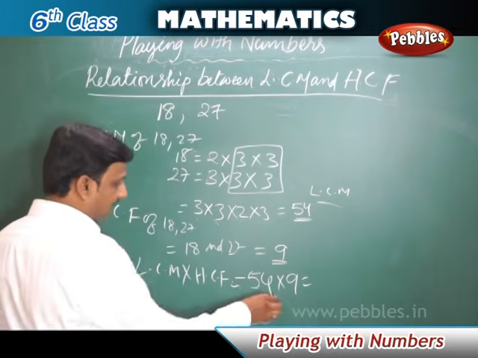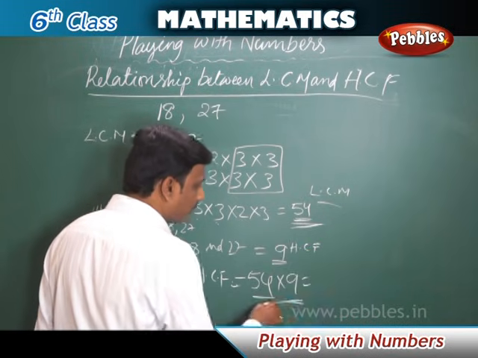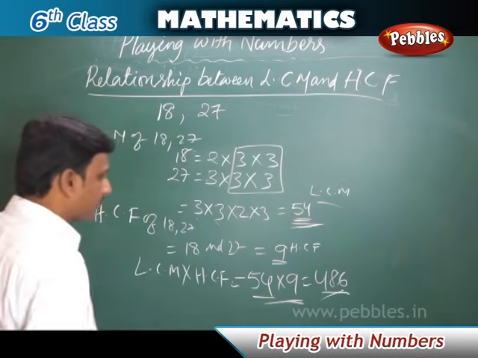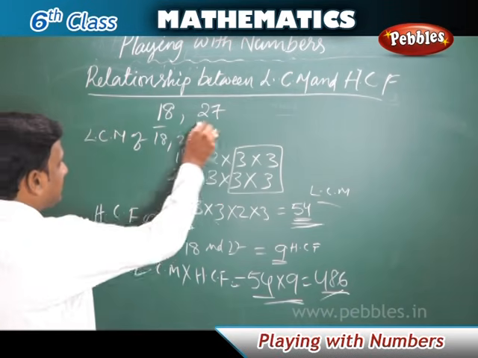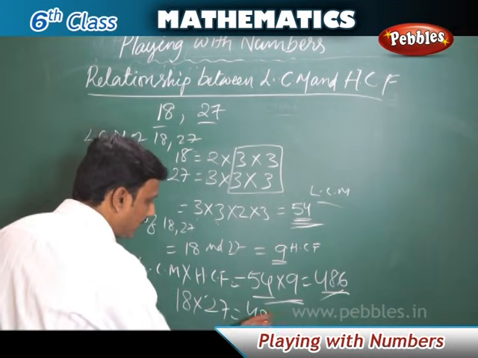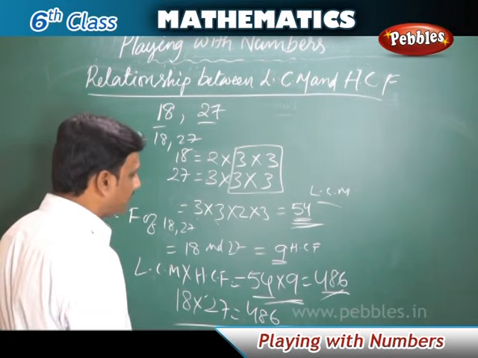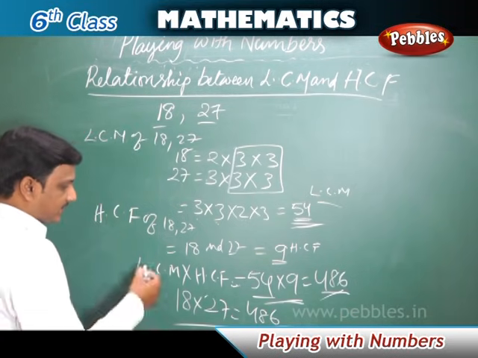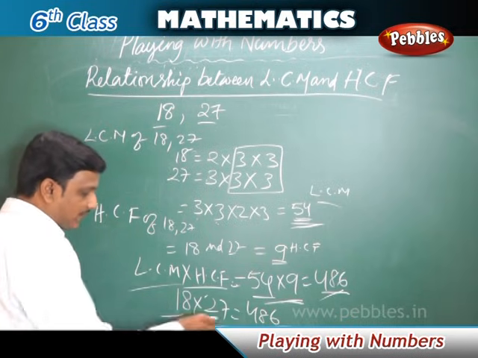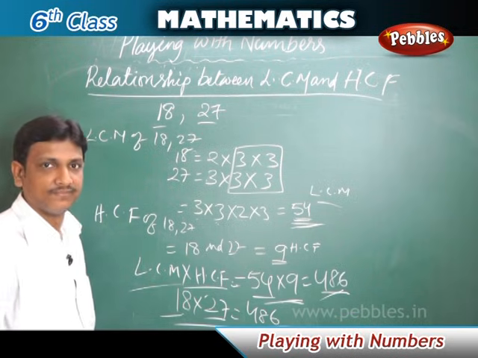The product of LCM and HCF is equal to 486. If we multiply the given 2 numbers, 18 into 27, we get 486. So what is the relation we find here? The product of LCM and HCF of the given numbers is the product of those numbers. So that is the relation between LCM and HCF.